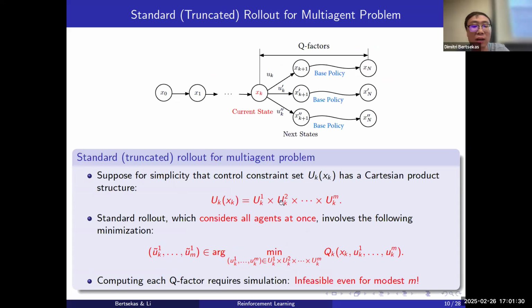But in a more general case, let's say we require that two spiders cannot occupy the same grid, then the controls are not independent anymore, right? They're going to be coupled. And still, however, the number can grow gigantic with the number of agents.